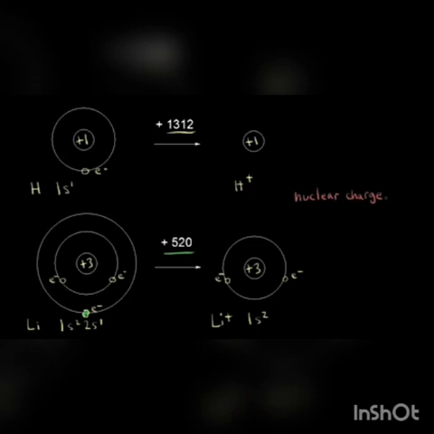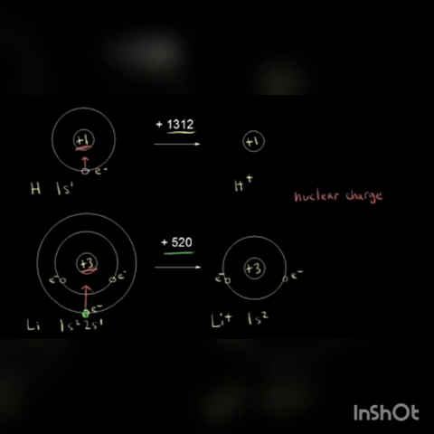So let's look at these two situations, and let's think about hydrogen first. So hydrogen has a +1 charge in the nucleus, and this one electron here would be pulled to the nucleus by that positive charge. If we look at lithium, right, +3 in the nucleus, right, so that's a greater nuclear charge. So just thinking about nuclear charge alone, right, you would think, oh, well, this electron might be pulled in even more than with hydrogen because +3 is greater than +1.